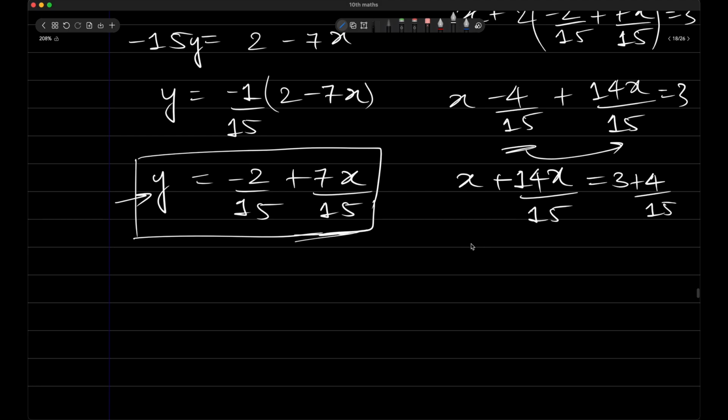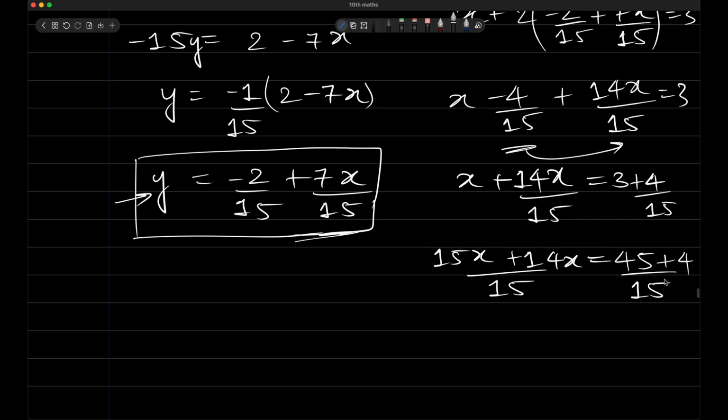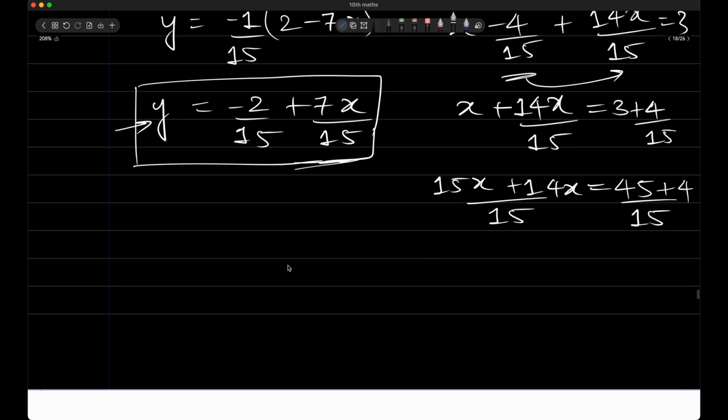Now take the LCM: 15x plus 14x equals, taking LCM 15 on the other side also, 15 3s are 45 plus 4. Now 15 gets cancelled, so 15 plus 14 is 29x equals 45 plus 4 is 49. We have got the value of x, that is 49 upon 29.